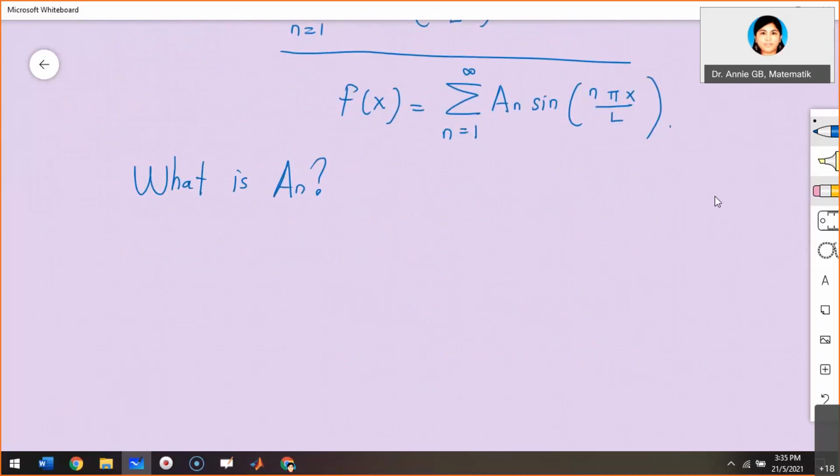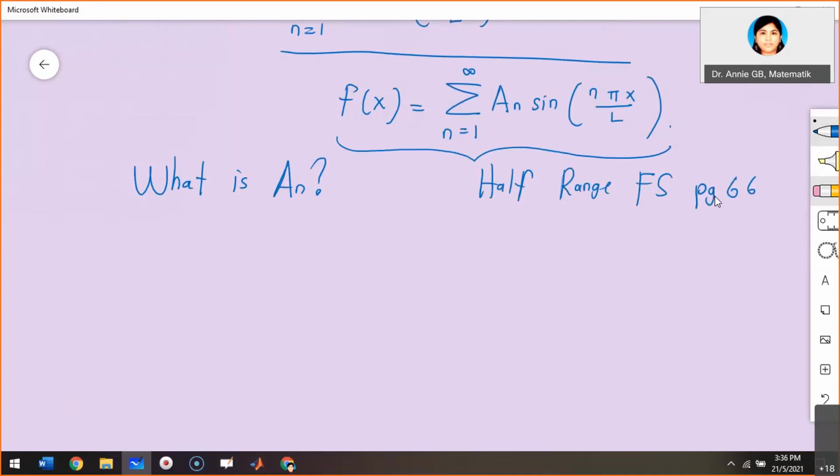What do you know about this thing here? Fourier series. This is my Fourier series. Yes, this is actually my half-range Fourier series. If you look at chapter 2, I think page 66, if you have my book, open to page 66.